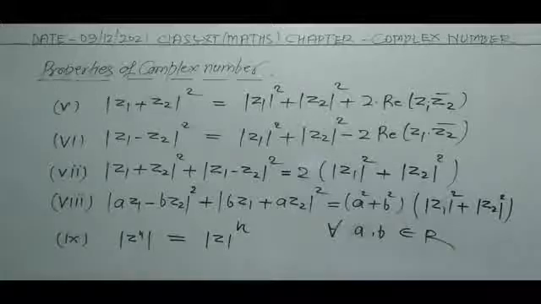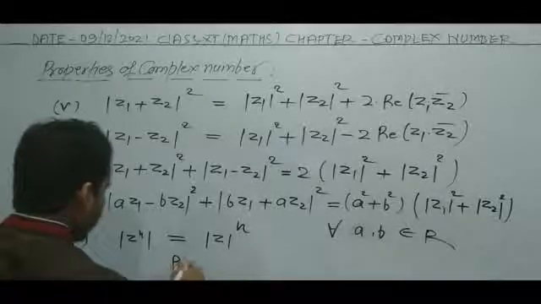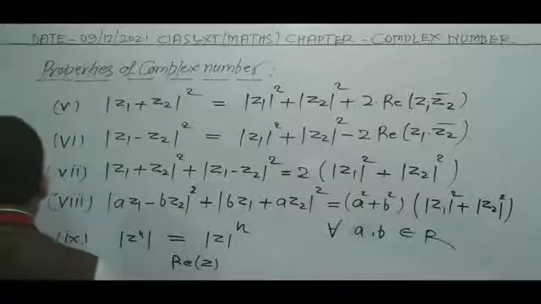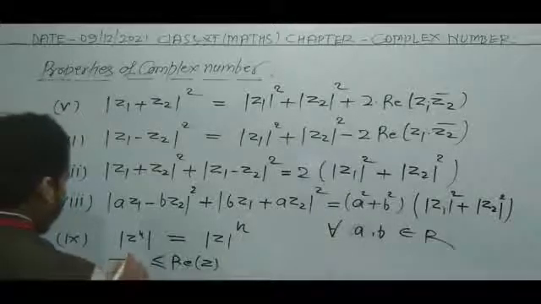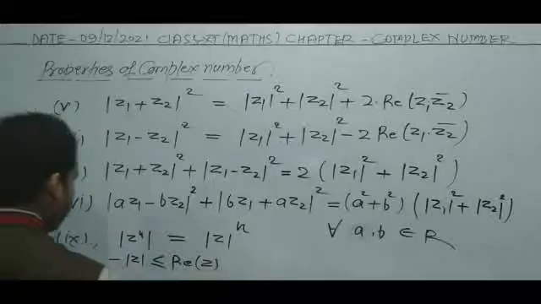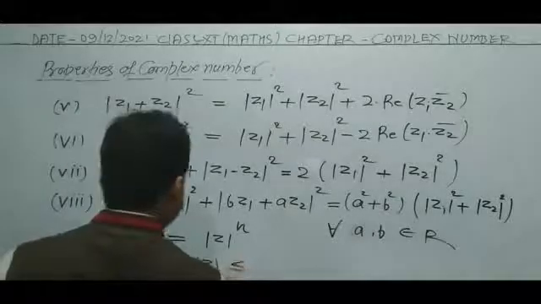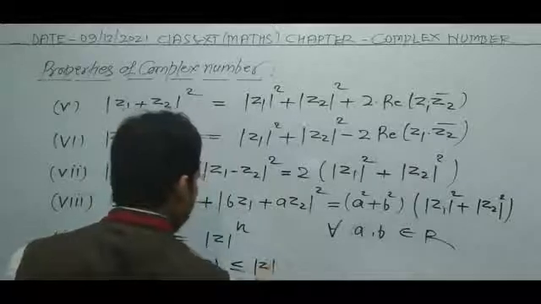Now the 10th is: real part of z is always greater than or equal to minus mod of z, and this is less than or equal to mod of z.